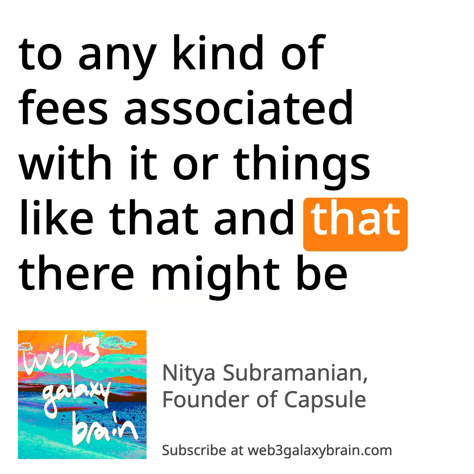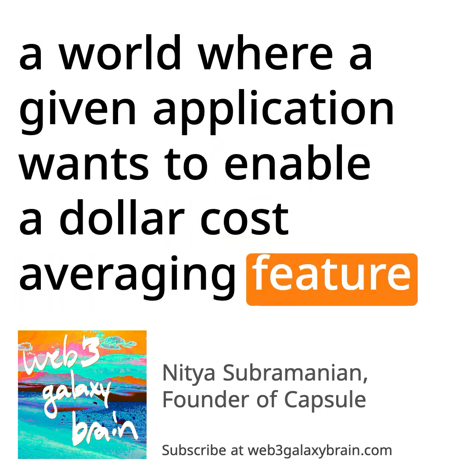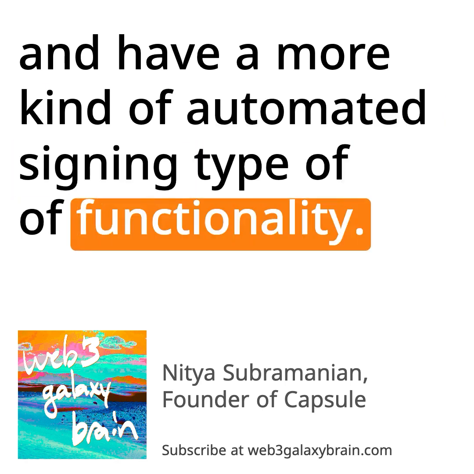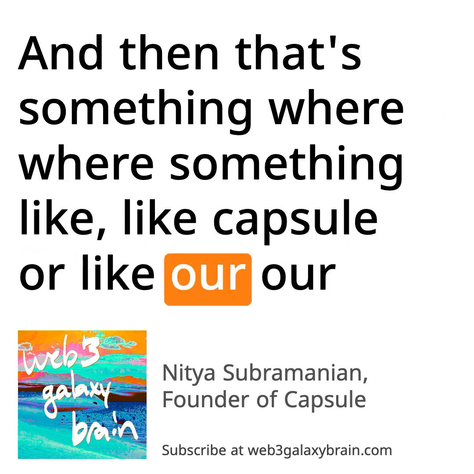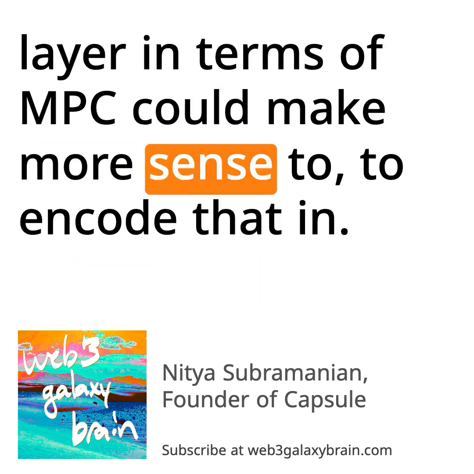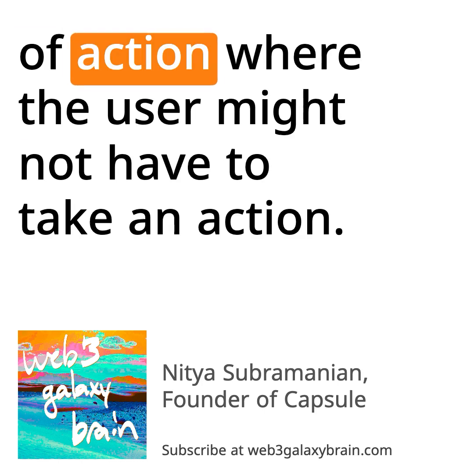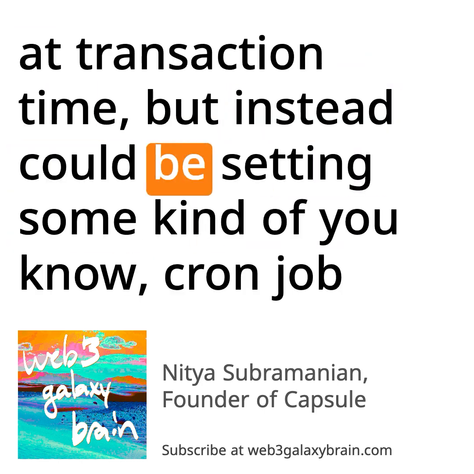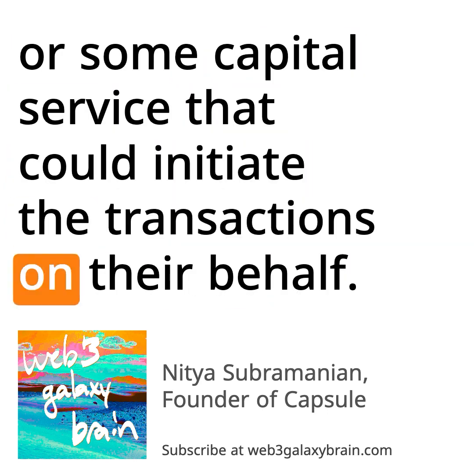And then there might be a world where a given application wants to enable a dollar cost averaging feature and have a more automated signing type of functionality. That's something where Capsule, or our layer in terms of MPC, could make more sense to encode that in. Ah, okay, so you could have something like a payment or some kind of action where the user might not have to take an action at transaction time, but instead could be setting some kind of cron job or some Capsule service that could initiate the transactions on their behalf.